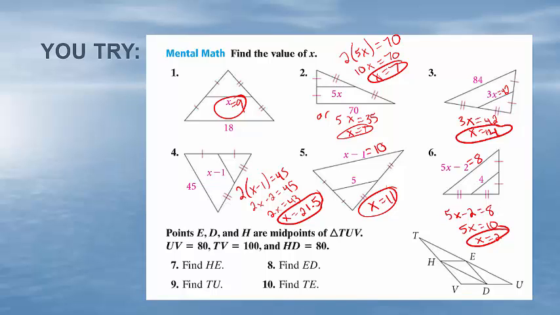So check your answers for 1 through 6. You should have gotten 9. Number 2, you could do 2 times 5x equals 70, or you could do 5x equals 35. It's the same thing.